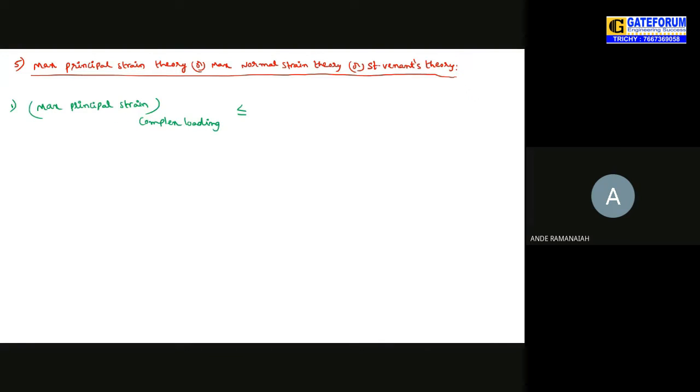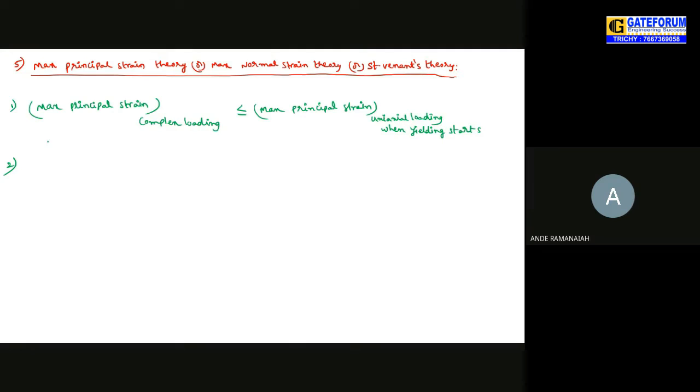Here, maximum principal strain under complex loading should be less than or equal to maximum principal strain under uniaxial loading when yielding starts. That is the first statement, the first step.